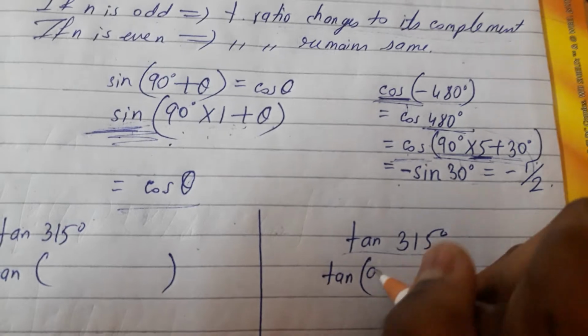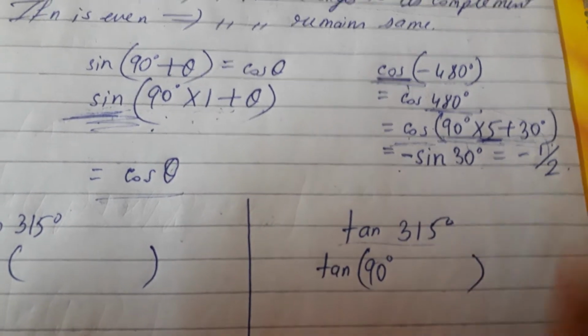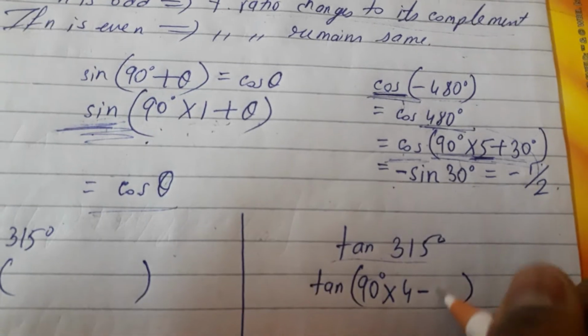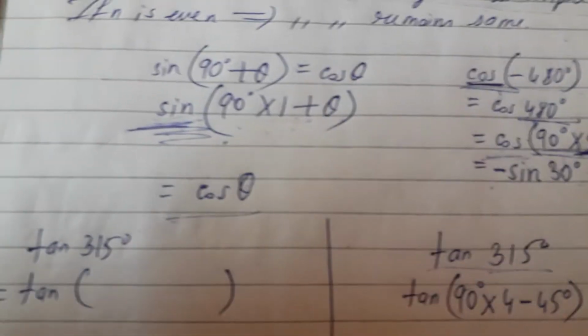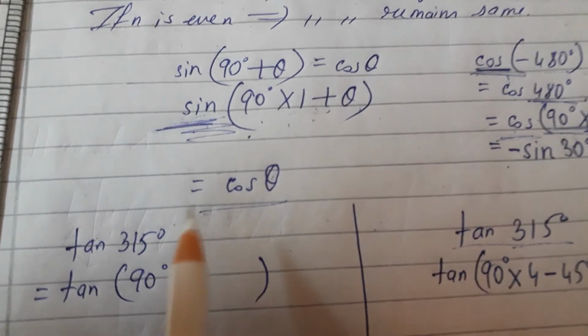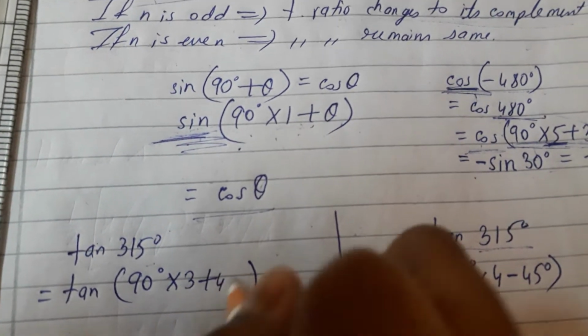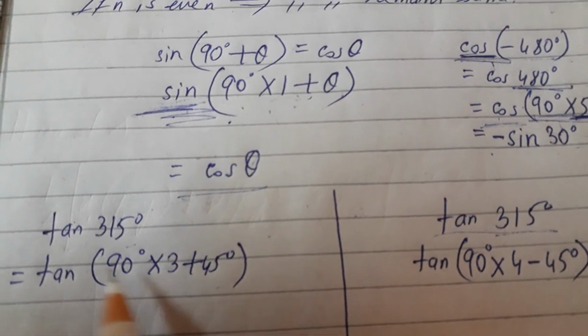So you can write 90 into 4. We all know that 90 into 4 is 360 degree, so 90 into 4 minus 45 degree will be 315 degree. Or you can also define this angle as 90 into 3 plus 45 degree. 90 into 3 means 270 degree, and 270 degree plus 45 degree means 315.